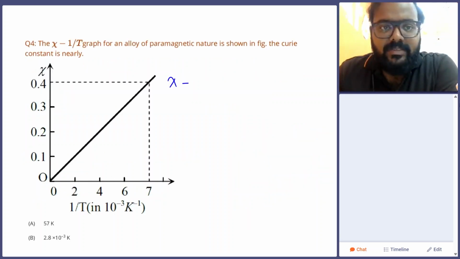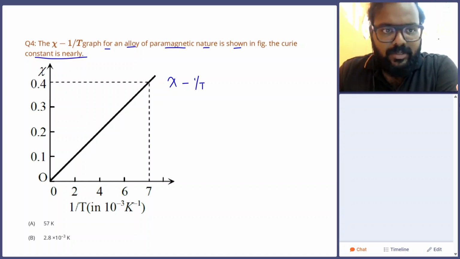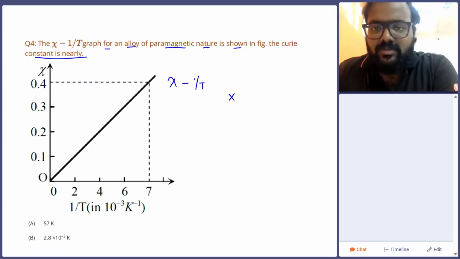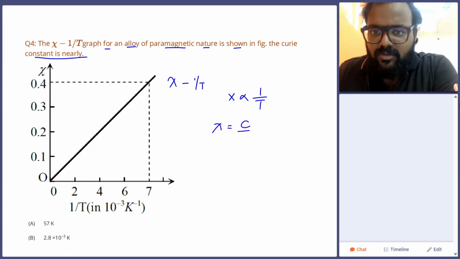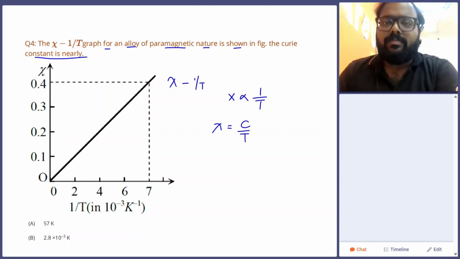The susceptibility versus 1 by T graph for an alloy of paramagnetic nature is shown in the figure. The Curie constant is? Now what is Curie's law? Curie's law says susceptibility is inversely proportional to temperature T. So chi is equal to Curie's constant divided by the temperature.